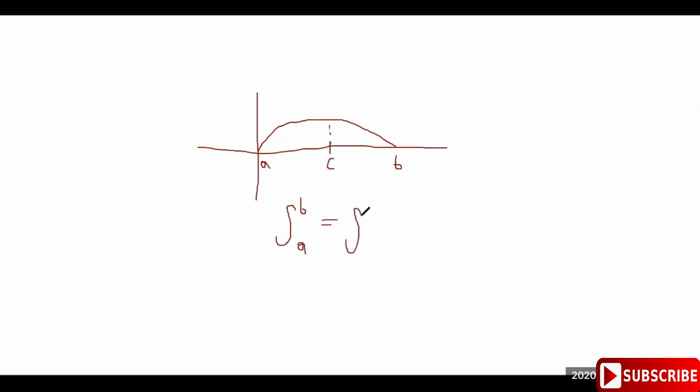Let's say I give you a graph, and this is a curve. Let's say this is the point A, this is the point B, and we have some point C. Then the integral from A to B is equal to the integral from A to C plus the integral from C to B.